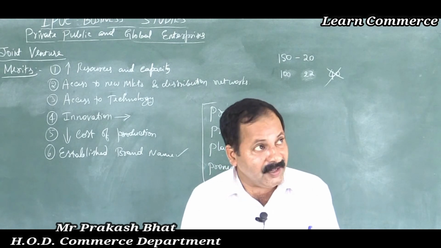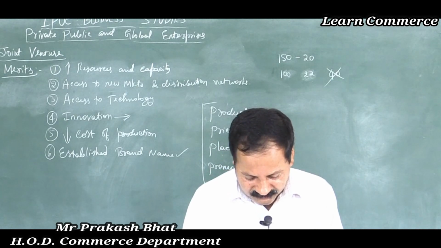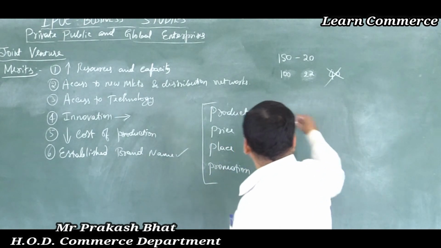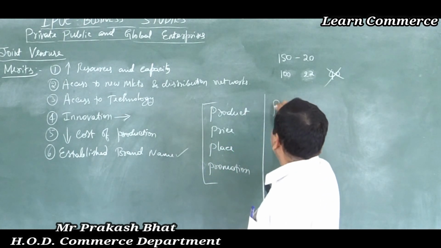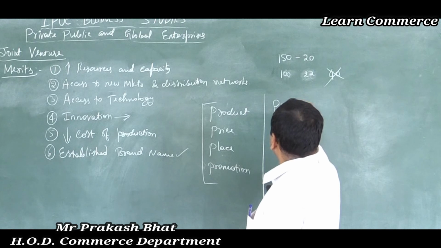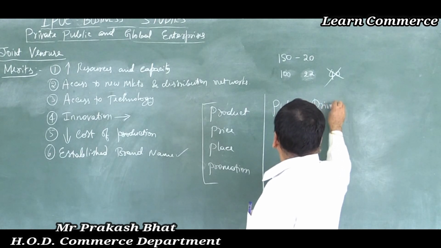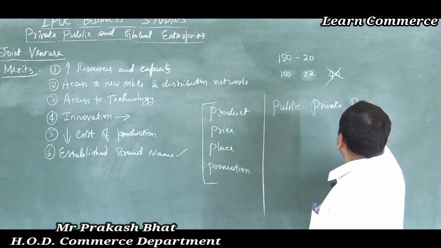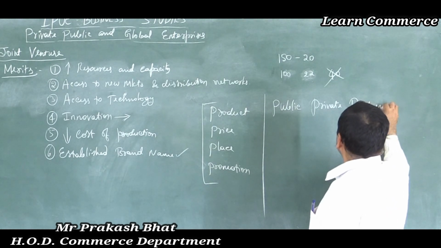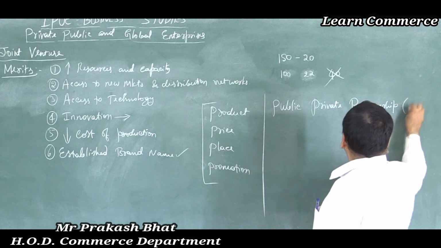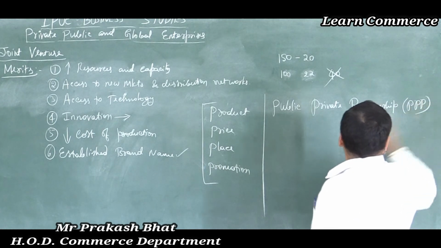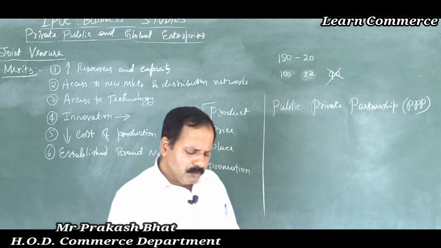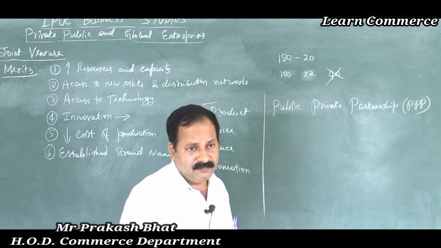Now moving on to the last part, public private partnership. This is the last part of your lesson. Public private partnership, that is PPP, triple P, isn't it? What is public private partnership?